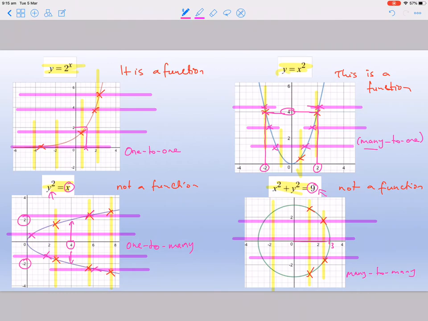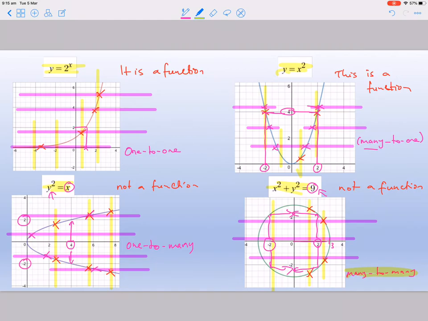I just wanted to put that in so you keep remembering these things. We look at a value of x and we get two values, one there, one there. But also -2 will give us the same values of y. That's why it is many to many.